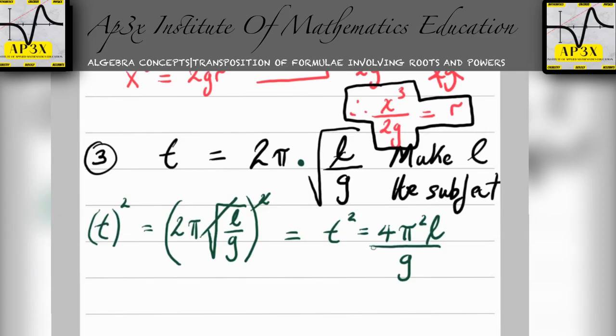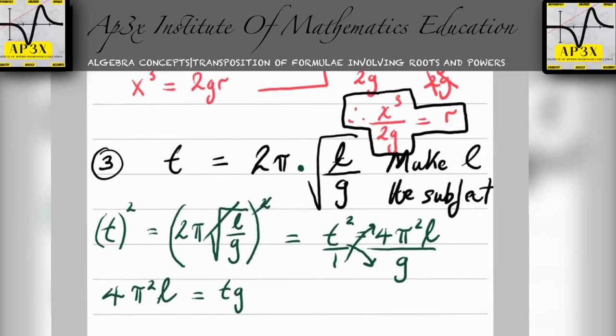So we start with t squared over 1, and 1 multiplied by the numerator gives us 4 pi squared L, and that is equal to t multiplied by g. That is tg.